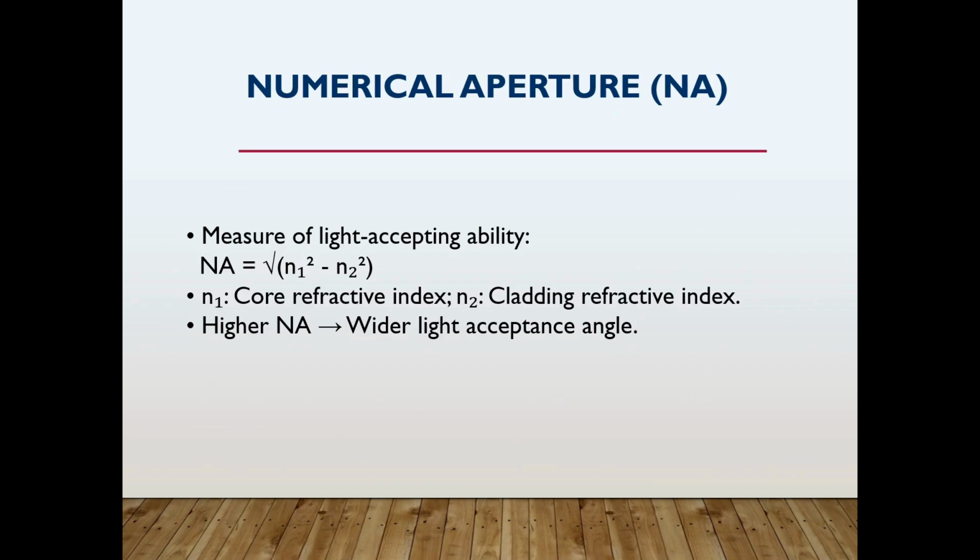It is given by the formula NA equals the square root of n1 squared minus n2 squared, where n1 is the refractive index of the core and n2 is the refractive index of the cladding. A higher numerical aperture means the fiber can accept light at wider angles. This improves the flexibility in its usage.